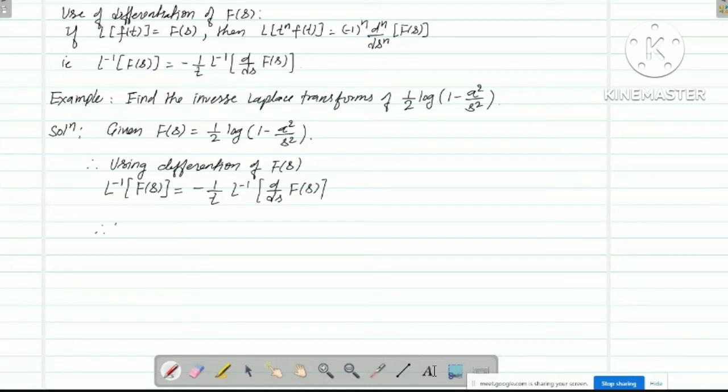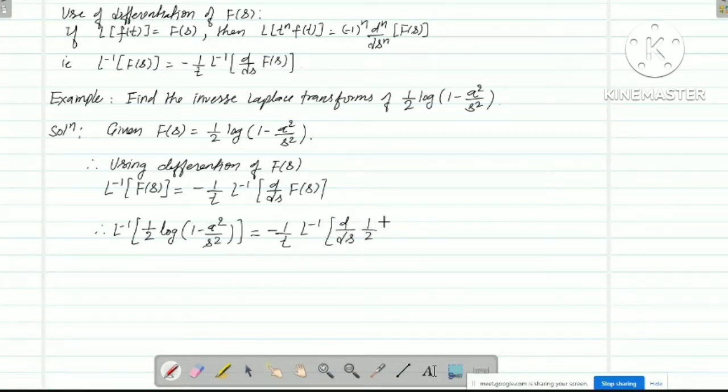So L inverse of 1 by 2 log of 1 minus a square by s square is equal to minus 1 by t L inverse of d by ds, and f of s is 1 by 2 log of 1 minus a square by s square.